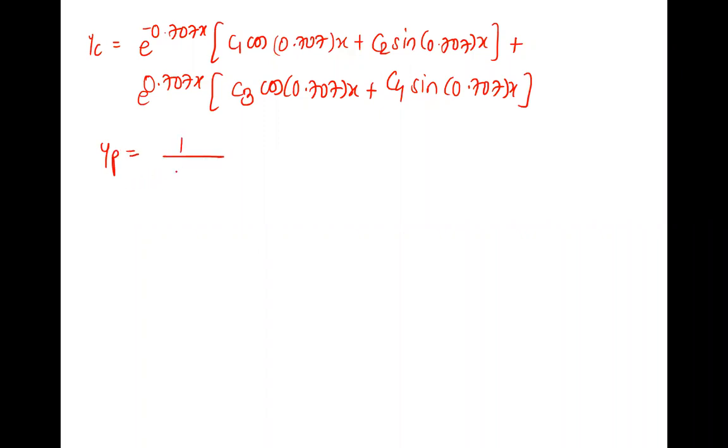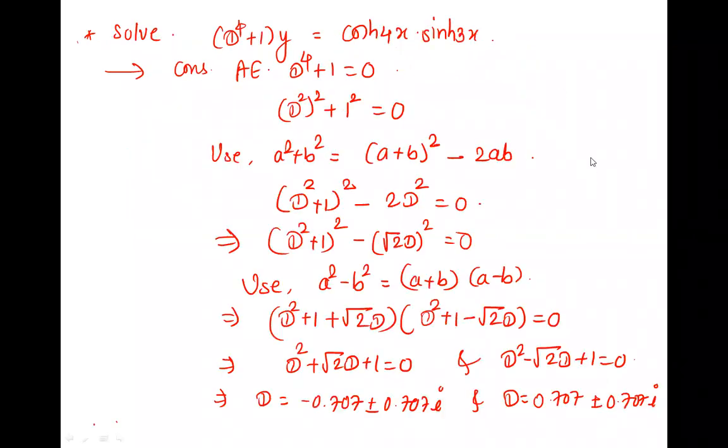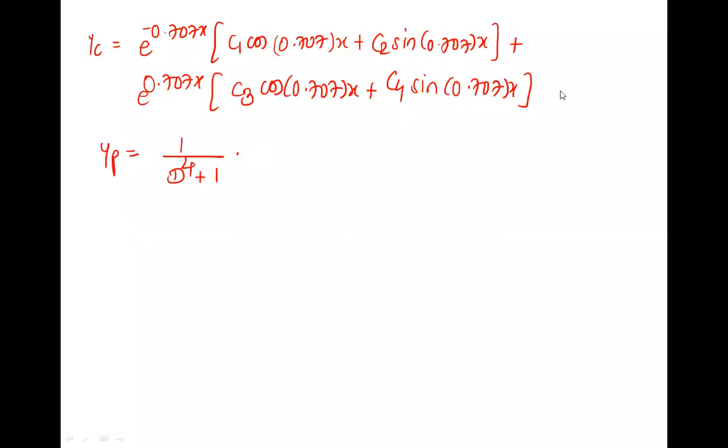Right? Now yp. One upon d raised to 4 plus 1 into the function. What is your function? Cos hyperbolic 4x into sine hyperbolic 3x. How will you solve?